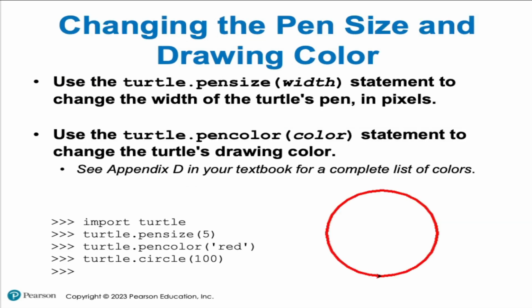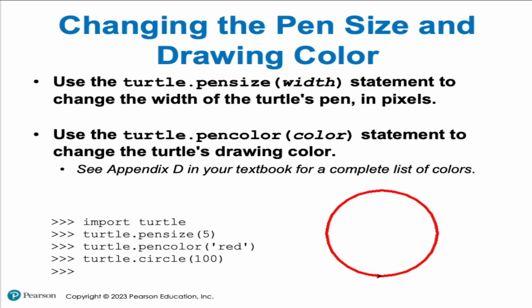We can change the size of the pen and the color. Here there is a pensize method, and we set it to 5, which means when we draw lines or arcs, they're going to be 5 pixels wide.